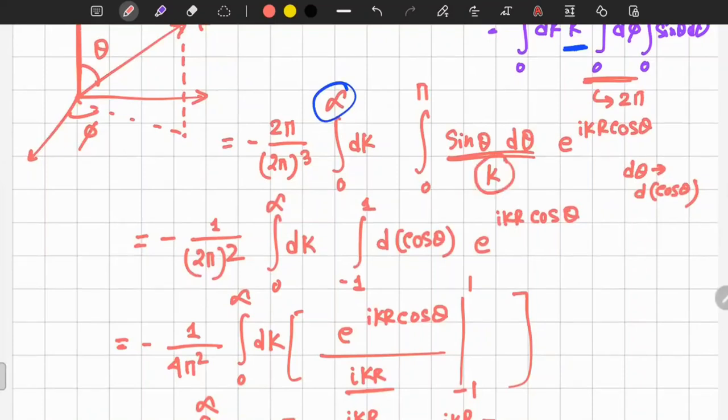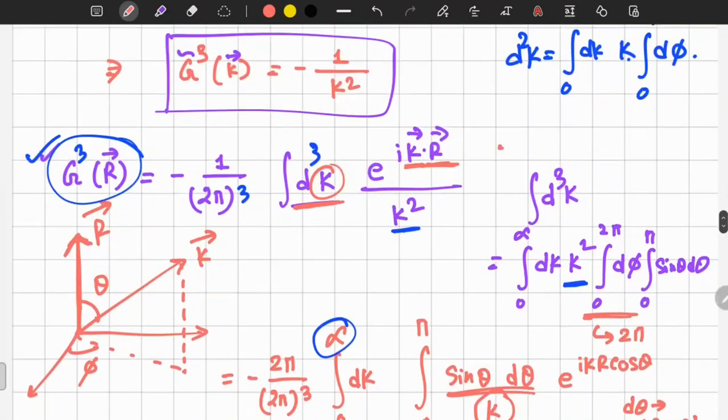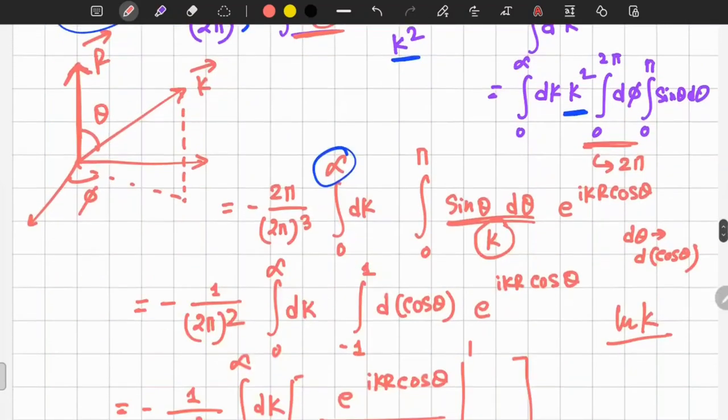When we do the integration, there will be ln k, and if the limits are infinity or 0, this part will not survive. That's why you have to take a different procedure. Okay, there will be another 1 by k. Up to this part is correct. This will be the form in 2 dimensions also.